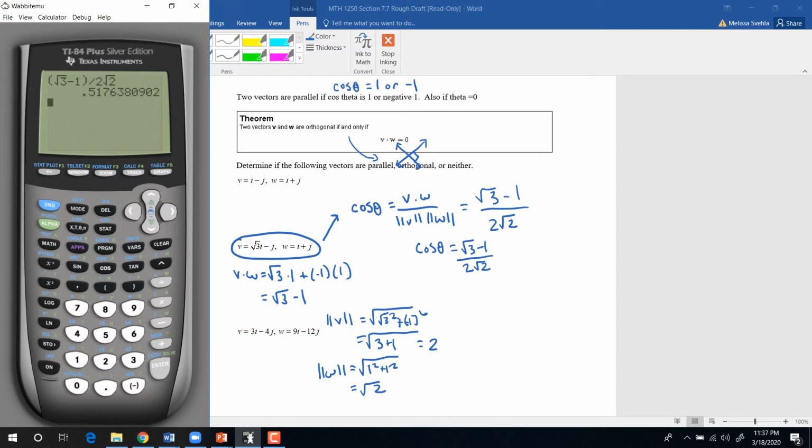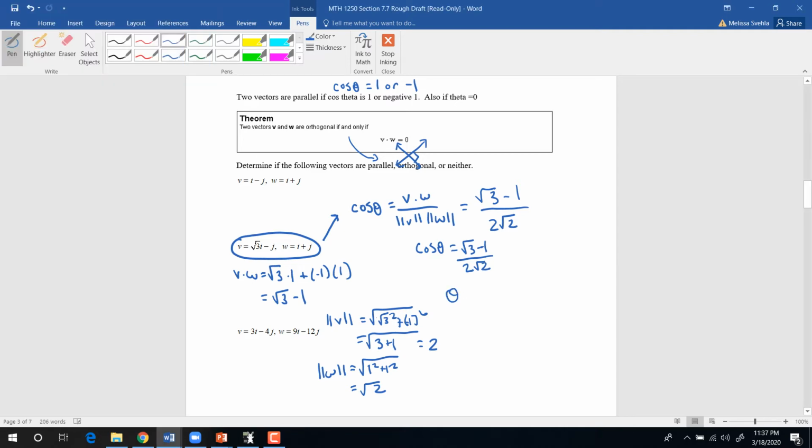and then take the cosine inverse of your answer. Okay, notice we got 58.82. Obviously, we can also tell already that square root of 3 minus 1 over 2 square root of 2 is definitely not going to be 0 or 1. But notice my theta is 58.8 degrees, so obviously it is neither.